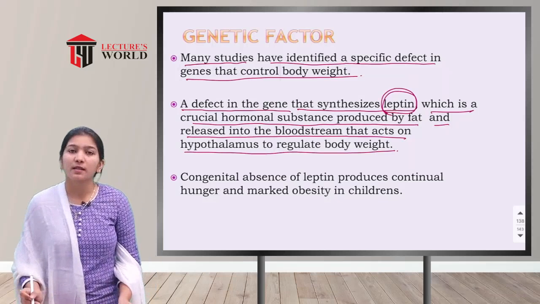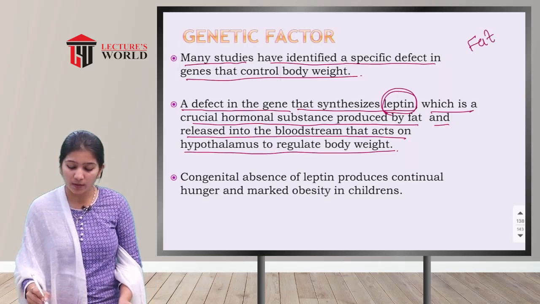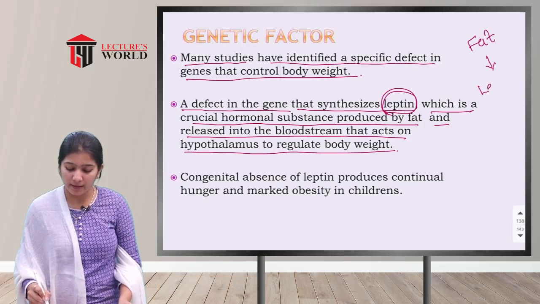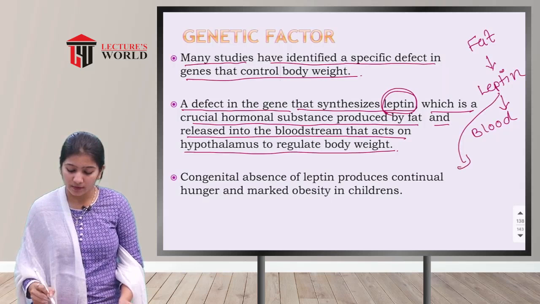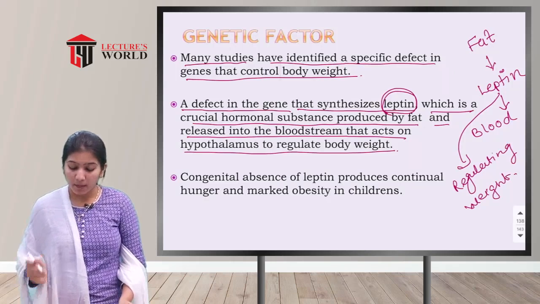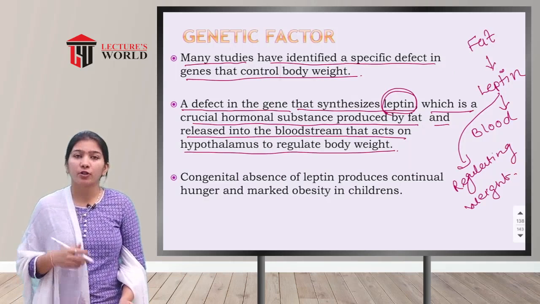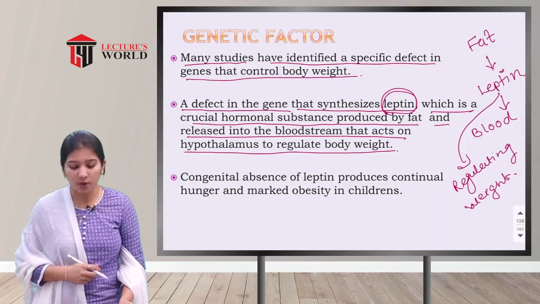In normal circumstances, if you eat fatty food, that releases leptin, which enters your blood and regulates your weight. But if you have a defect in your genes, there is no regulation or maintenance of your body weight.